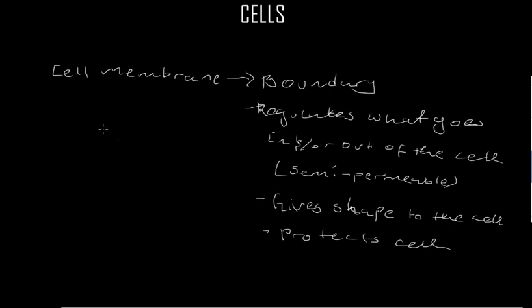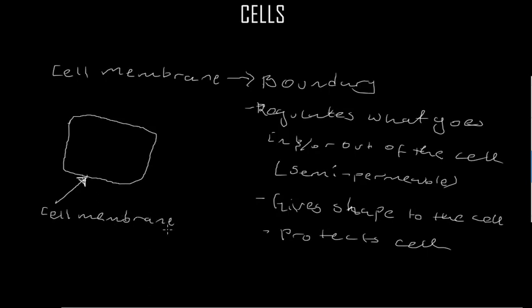So let's say we've got this cell. Let's assume this is a cell. This covering that we have, this boundary that we have, is what is known as the cell membrane. I hope we are together, grade 9s. I hope you understand what we're talking about.